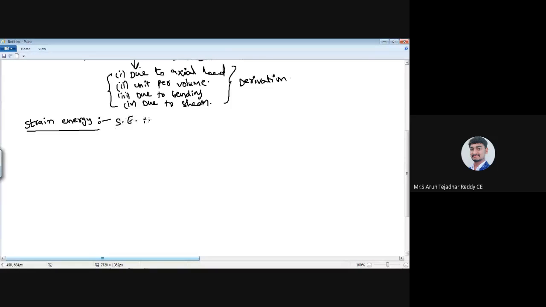Strain energy is the internal energy which is stored in any material when it is loaded within its elastic limit.